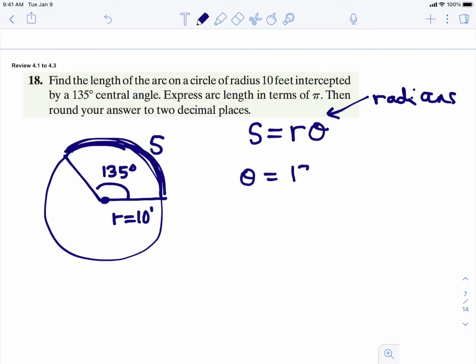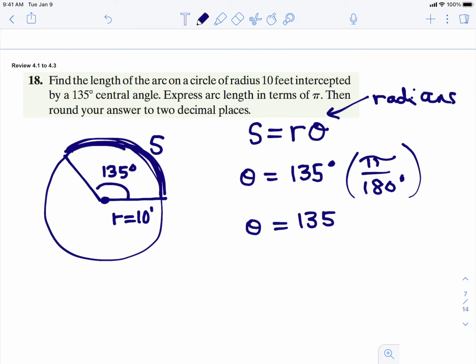So we're going to take 135 degrees and do our pi over 180 degrees and convert it. The degrees are going to cancel. And then you're going to simplify it to give you 3 pi over 4. Now we're able to use our formula.